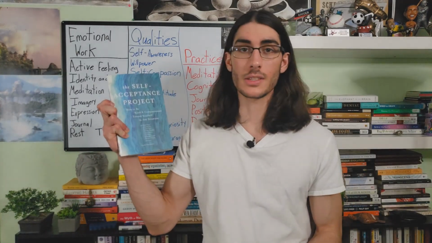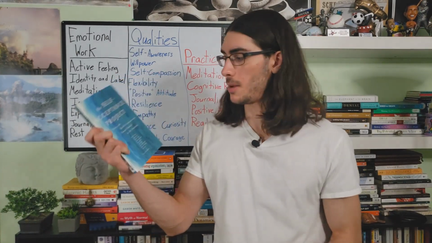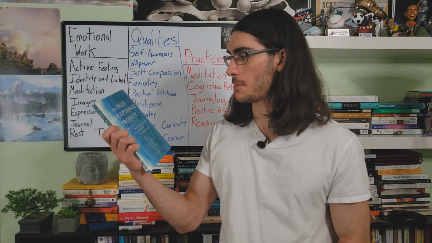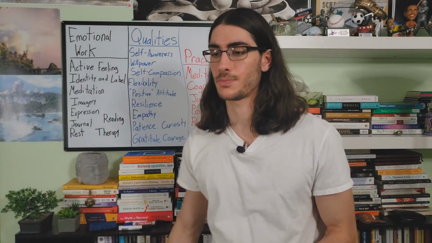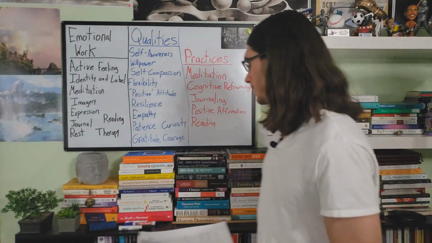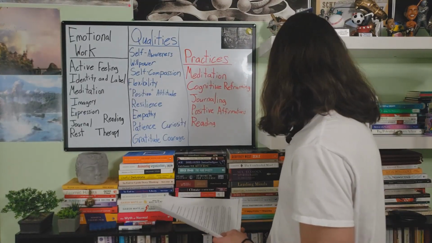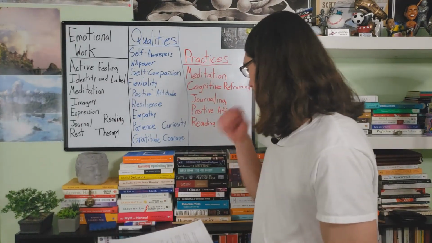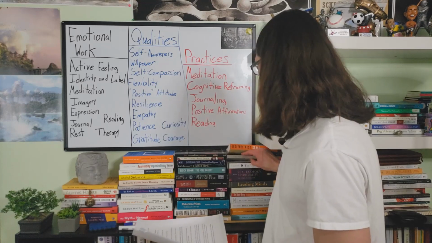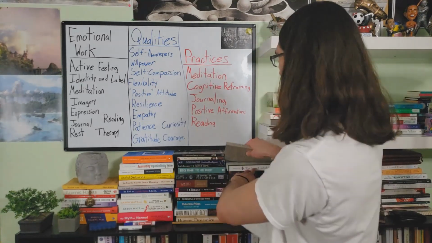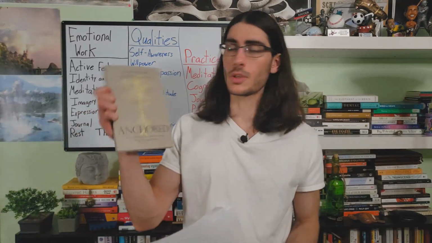The Self-Acceptance Project. Really, it's edited by Tammy Simon. It's just a bunch of various writers. That's very good too. And there's just a lot of very good books on psychotherapy and really emotions and self-awareness and all this stuff.